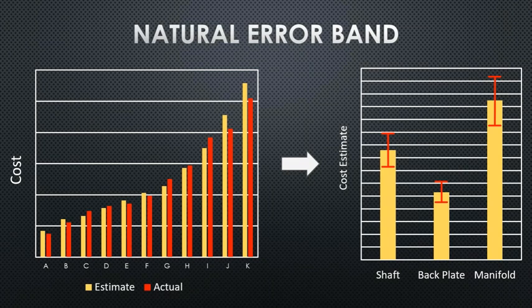So when you analyze a part in the DFM software, there's an error band that's associated with the results. And that's shown here by these red error bars on the graph. So generally, our cost models have a plus or minus 10 to 15% error band associated with them. That's what we find acceptable when we're developing our cost models.